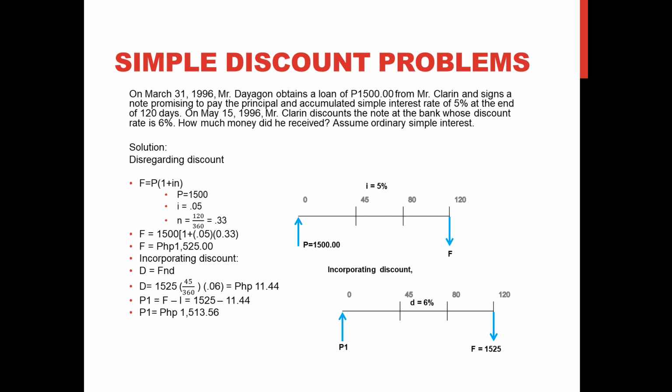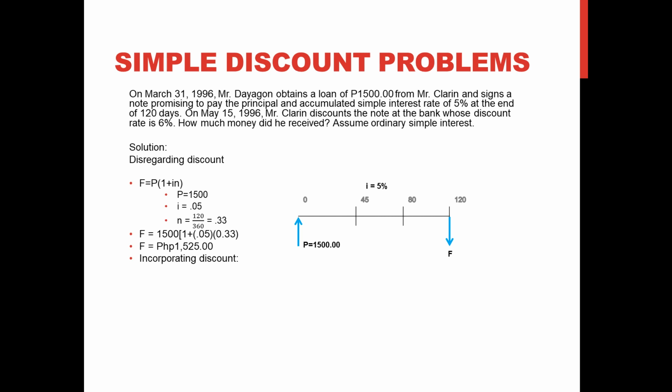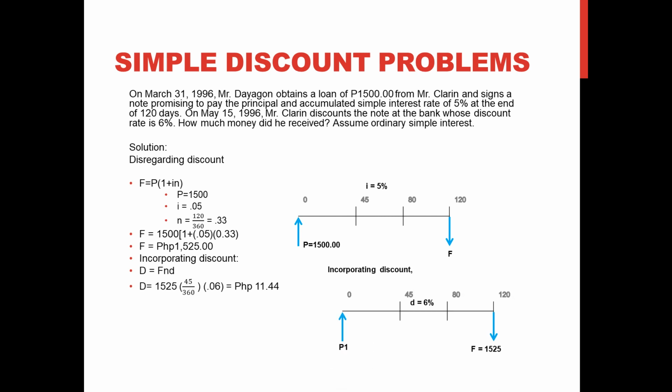So meaning, compare, kung kanina, ang nakuha niya lang is 1,500 pesos. Incorporating discount, ang makukuha niya is 1,513.56 pesos. So, yan. That could be an incorporation of discount. So, meron siyang ganansya.